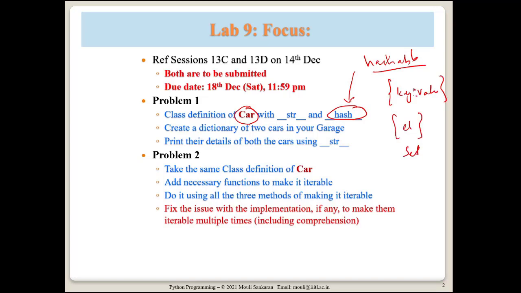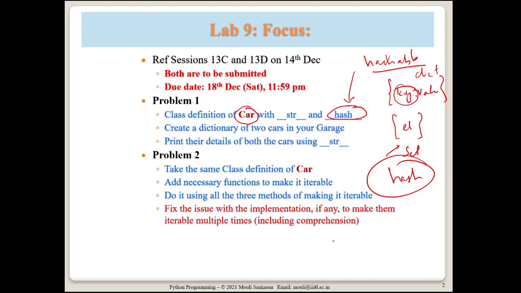Okay, because if you want to add a key or if you want to add an element to a set, you need to be able to find the hash value of the elements that you are adding, so that it can be traced, it can be searched through, or it can be added, it can be found, all that.